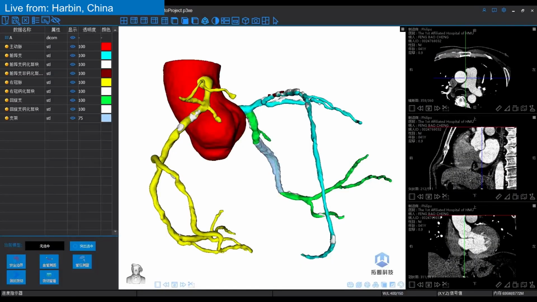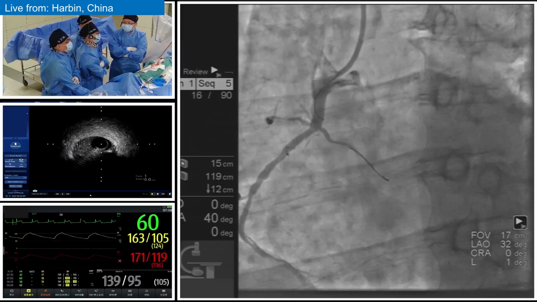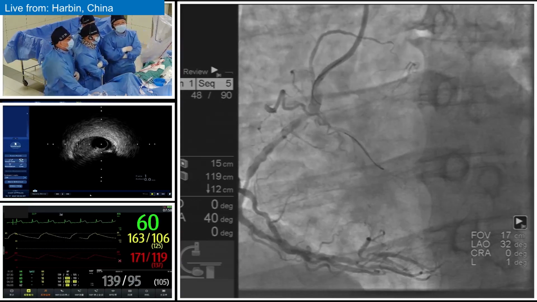We could see today's angio. We can see the patient with anomalous RCA ostium. And this time we also use our artificial intelligence visualization system.